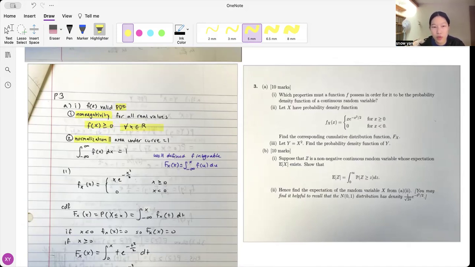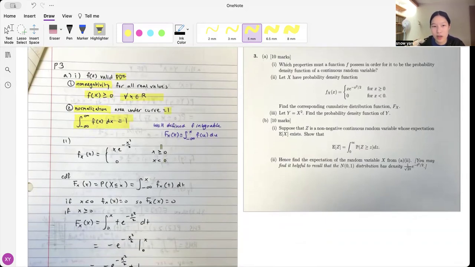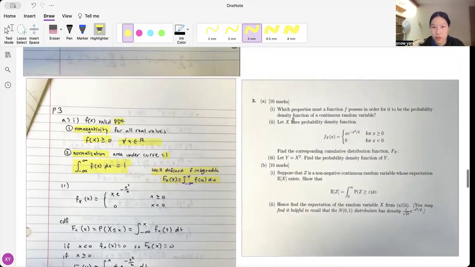The second is normalization: the area under the curve is equal to 1. Written mathematically, the integral from negative infinity to infinity of f(x) dx is equal to 1. Another property that our teacher told us would be nice to cite is being well-defined, so f is integrable and we can integrate it. That's basically it for question 1.